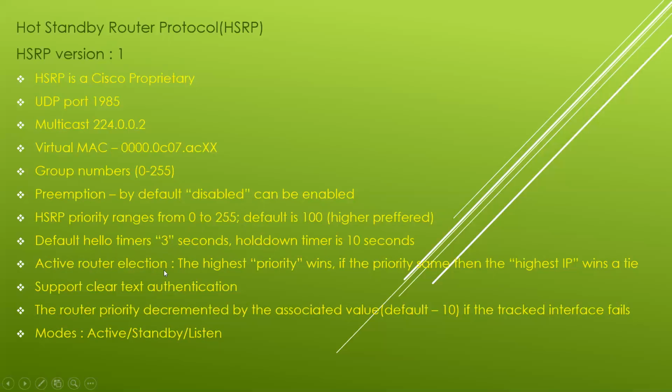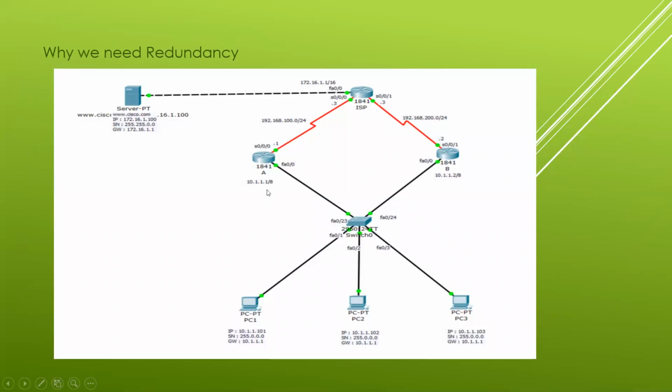Active router election: the highest priority wins. If the priority is the same, then the highest IP wins the tie. Say, for example, these two routers have the same priority.